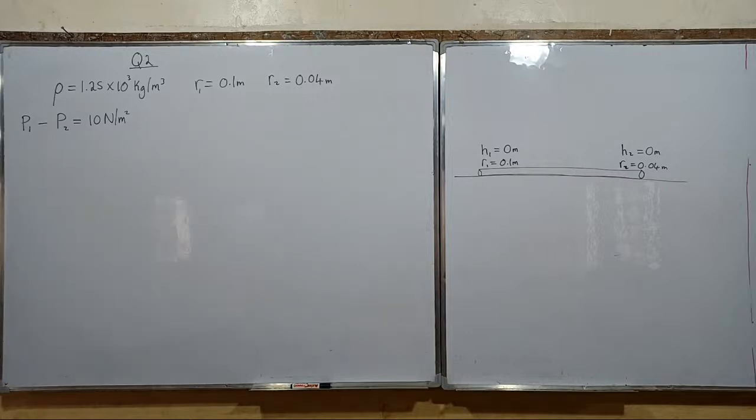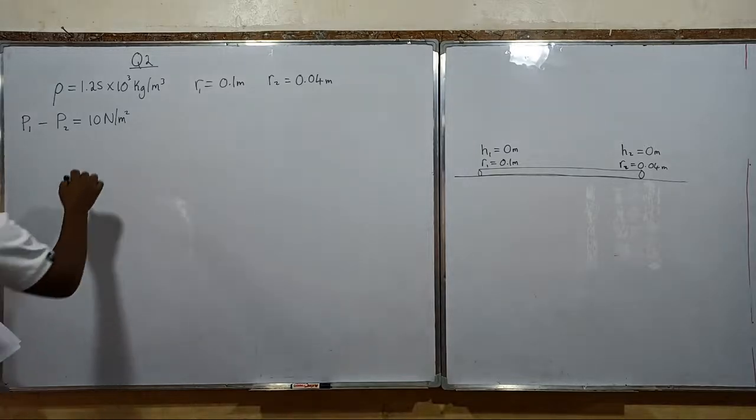So let's see how we can find, what are we looking for? The rate flow. To find the rate flow, we need to find velocity 1. Let's see how we can do that. Do we have velocity 2? Before we come to that, let's bring in Bernoulli.